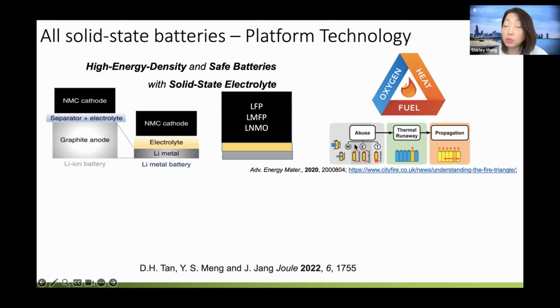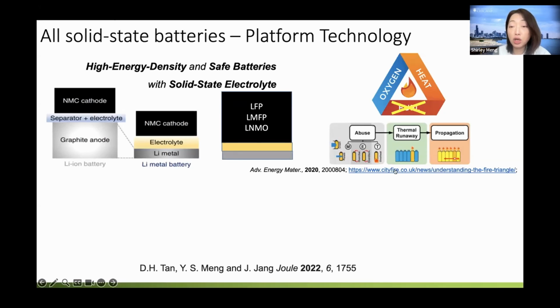So the excitement really comes from the possibility of solidifying the architecture for the batteries. In the typical fire triangle we see for batteries, the cathode typically is the source of oxygen, and the batteries usually generate heat. The key here is to be able to remove the fuel, which is the flammable electrolyte.